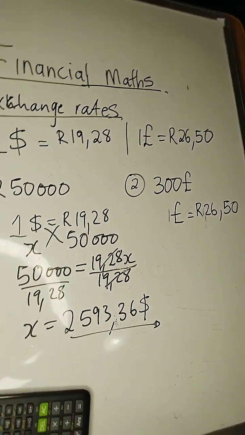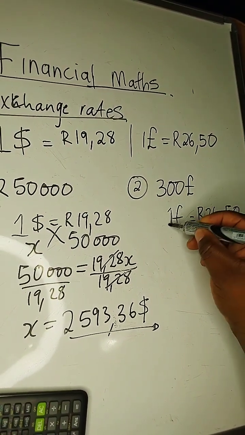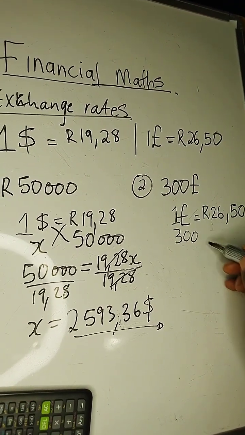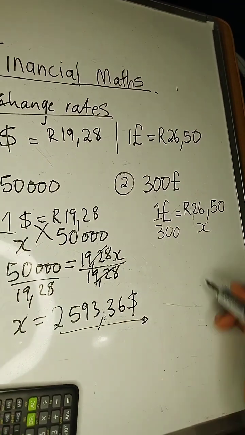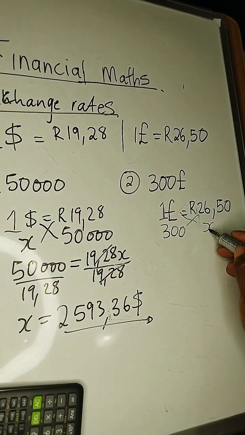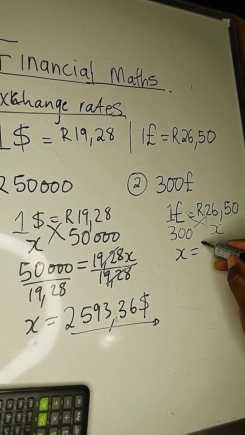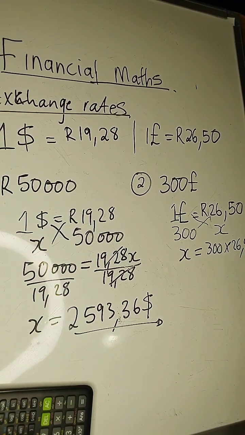Then number two, you check what you have. In this case I have pounds, so I write 300 here. Then here I'll write X. Then I cross multiply, so X should be equal to 300 multiplied by 26.50.